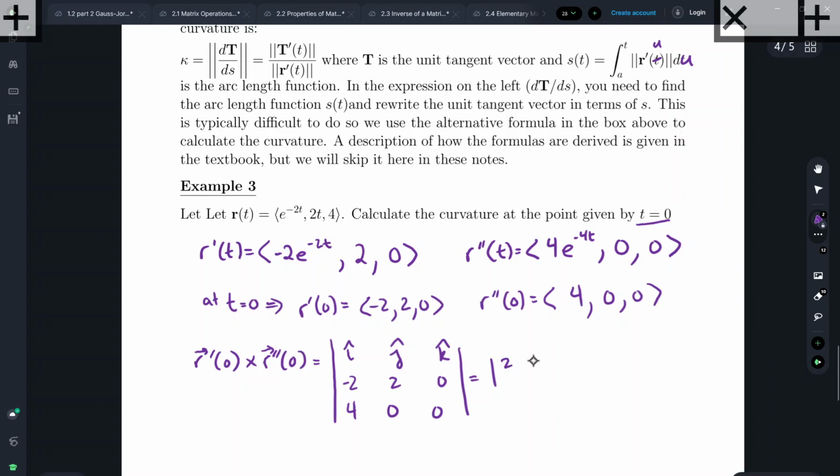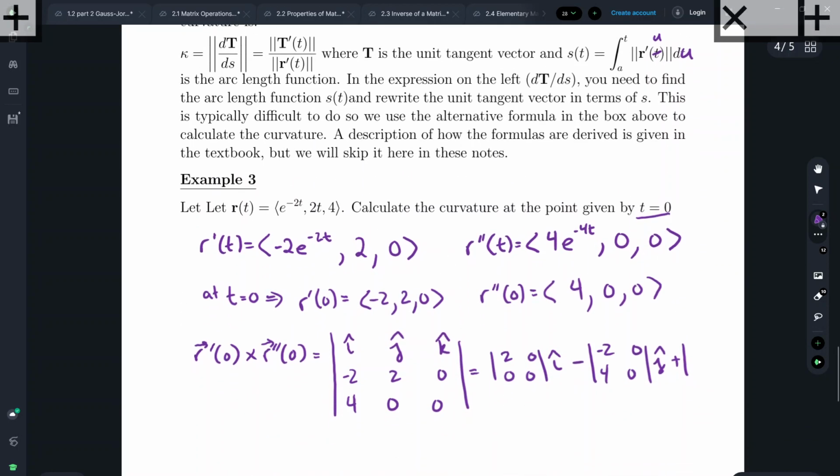So here this will be the determinant of 2, 0, 0, 0 times i hat, minus, and then for j it's this, this, this, this, so minus the determinant of negative 2, 0, 4, 0 times j hat, and then plus for k, it's this, this, this, this, so the determinant of negative 2, 2, 4, 0 times k hat.